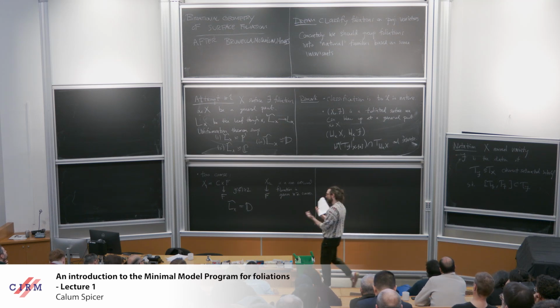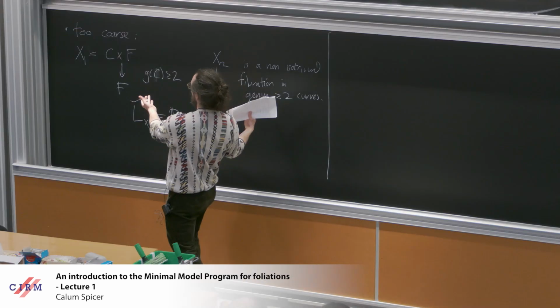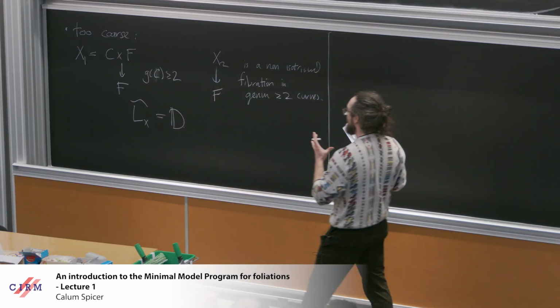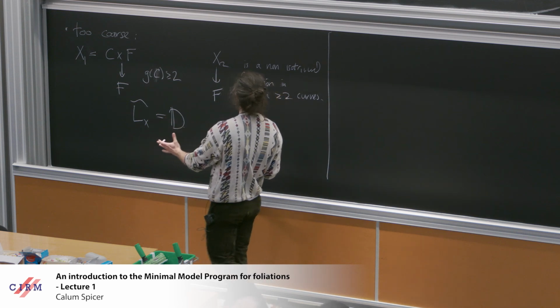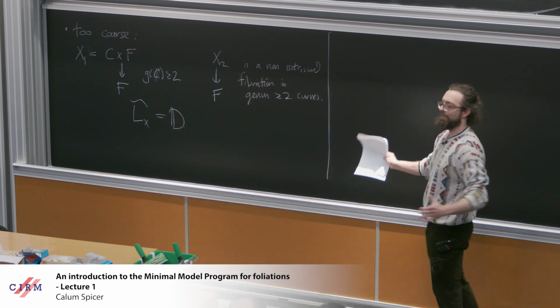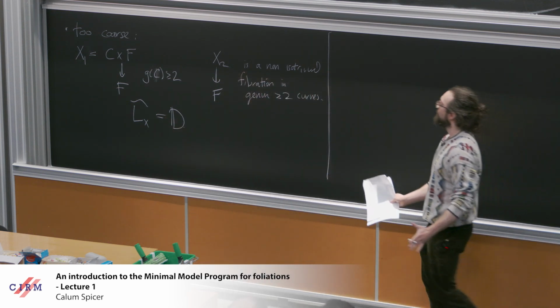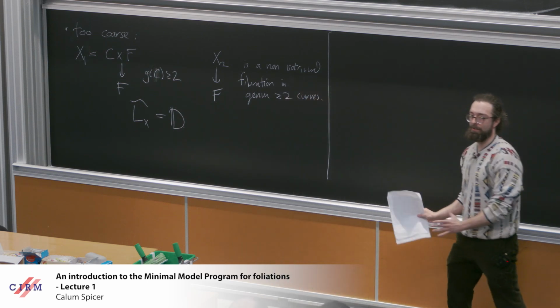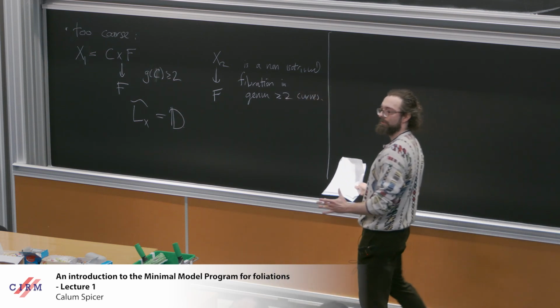Philosophically, we wouldn't want to group these two foliations into the same family. If you believe me that isotrivial fibrations and non-isotrivial fibrations are very different from each other, which hopefully you do, then you'll agree that attempt 1 is a much too coarse attempt at classifying foliations on surfaces.